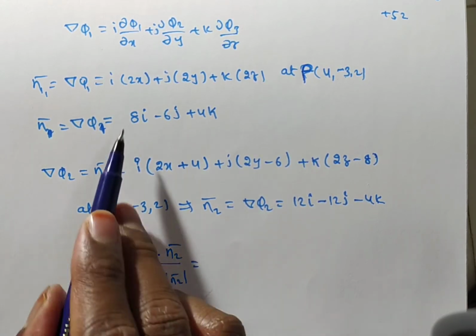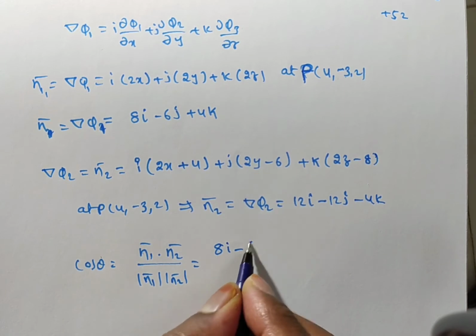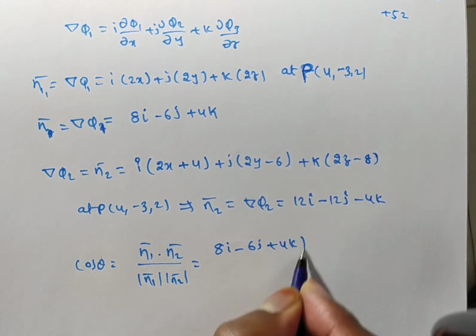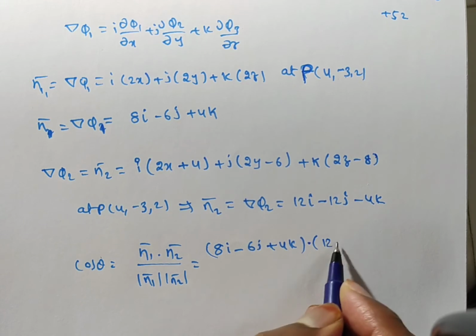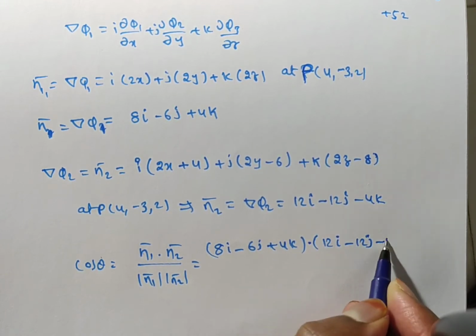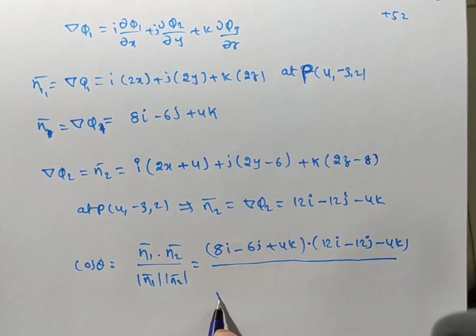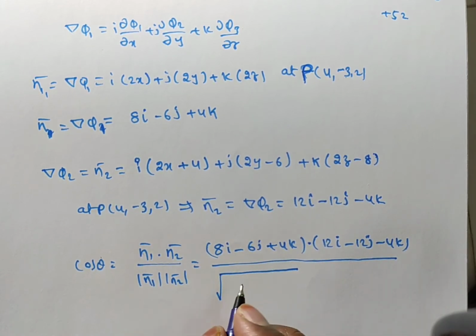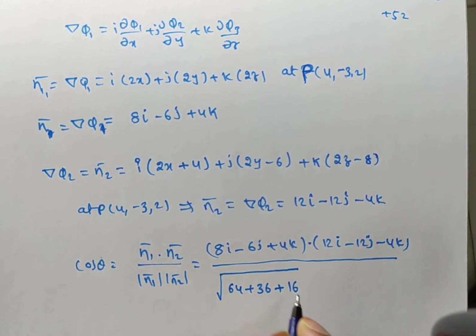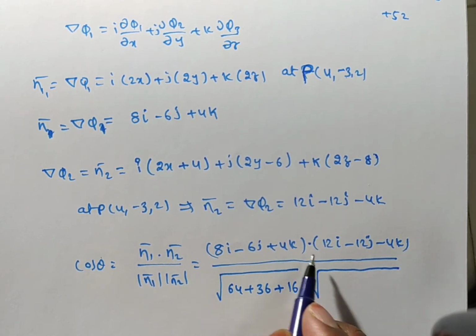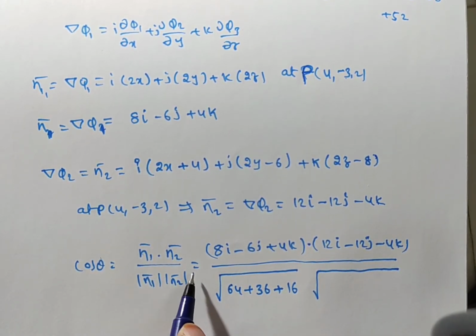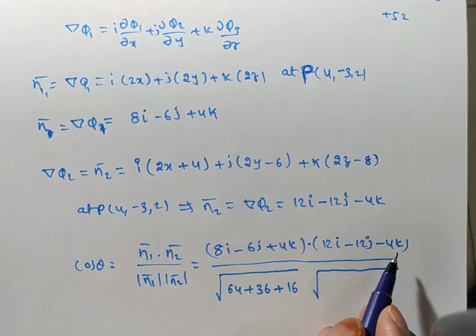So directly I am writing, what is n1 bar? 8i minus 6j plus 4k dot n2 bar, which is 12i minus 12j minus 4k, divided by the modulus of this, nothing but square root of i coefficient square plus j coefficient square plus k coefficient square. The i coefficient square is 8 square, that is 64, plus 6 square, that is 36, plus 4 square is nothing but 16. Next again square root of, because mod n2 bar is nothing but under root of i coefficient square plus j coefficient square plus k coefficient square.